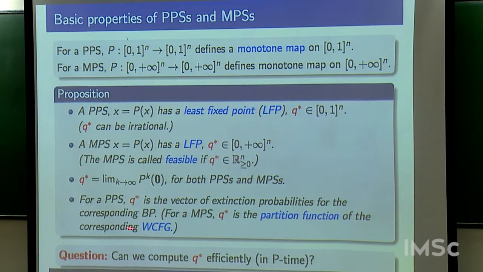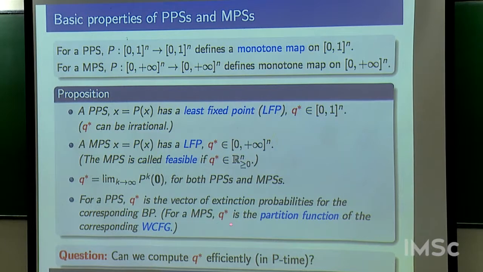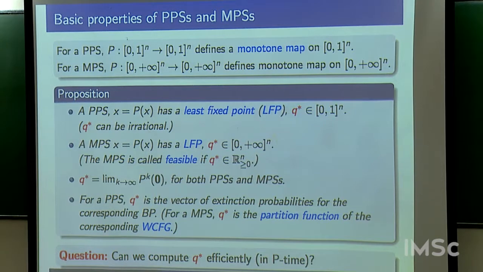This vector q star is, as we said before, the vector of extinction probabilities for branching processes, and more generally for monotone polynomial systems, this vector q star gives us what people call the partition function of the corresponding weighted context-free grammar.